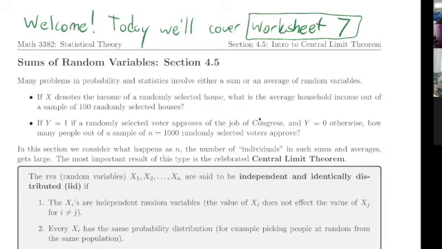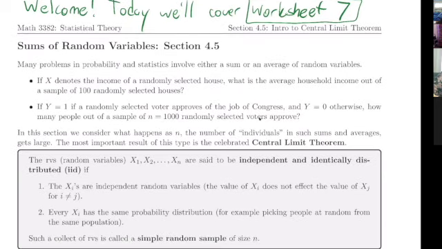So the motivation here is the most common things that we might be interested in thinking about, like, what is the mean household income in the United States, or what proportion of people think that Congress is doing a good job when we do polling.